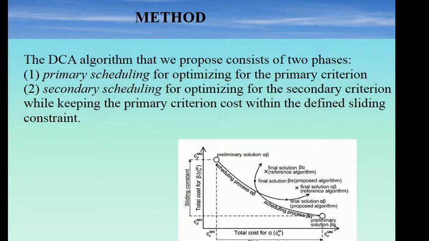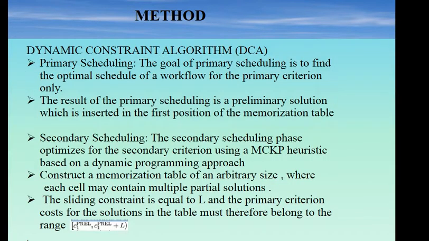So now let's see the dynamic constraint algorithm. As I said, the primary scheduling goal is to find the optimal schedule of a workflow for the primary criterion, using the sliding constraint. The secondary scheduling uses the secondary criterion with MCKP, a multiple-choice knapsack heuristic based on a dynamic approach.